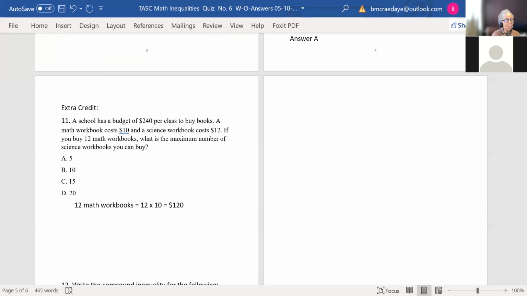So you've spent $120 on math workbooks. But you had a budget of 240. So you just take that 240 minus what you spent on the math workbooks, gives you 120 remaining to buy science workbooks, right?